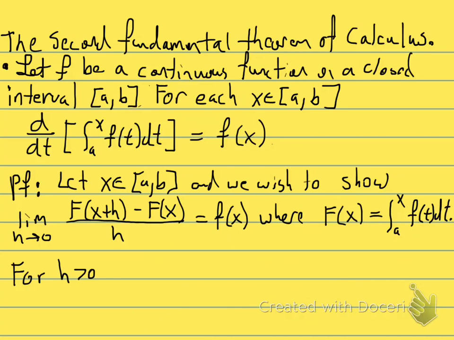I'll show you the proof for where h is positive, and if you want to do the proof where h is negative, it's essentially the same. It's just that when we divide by h, we'll have to flip some inequalities. So F of x plus h minus F of x all over h is subtracting two integrals.